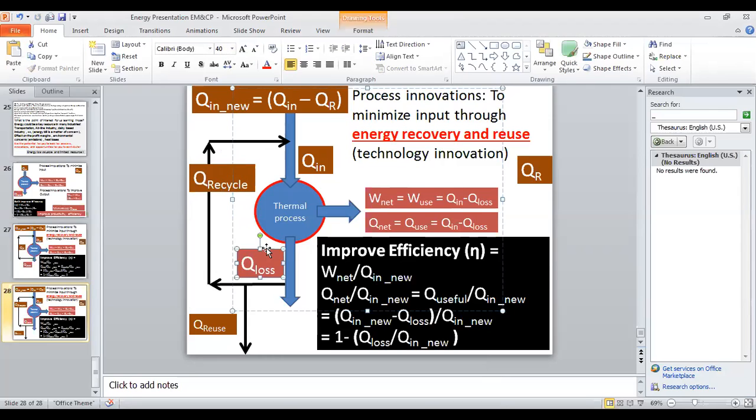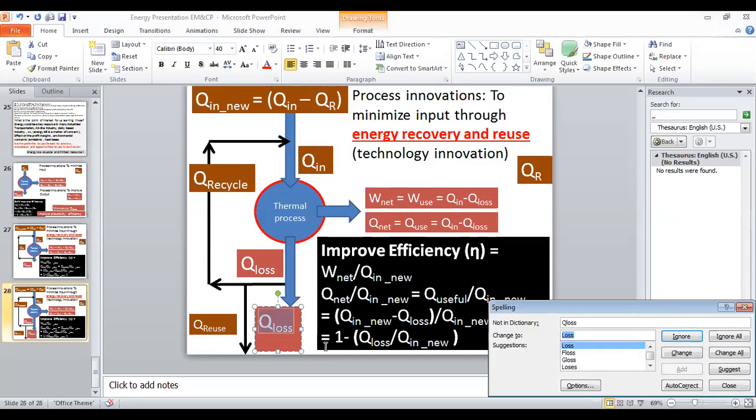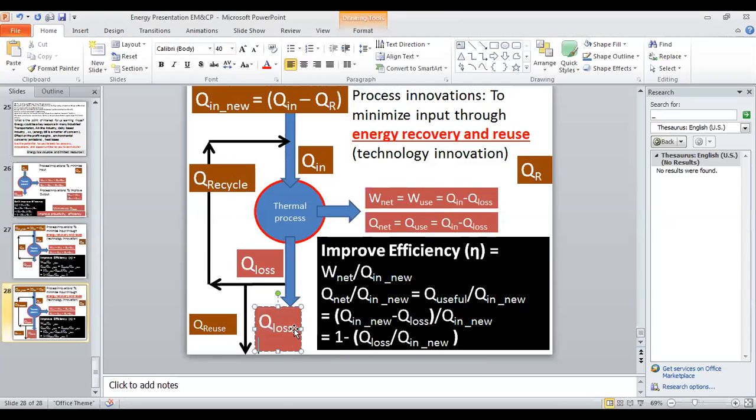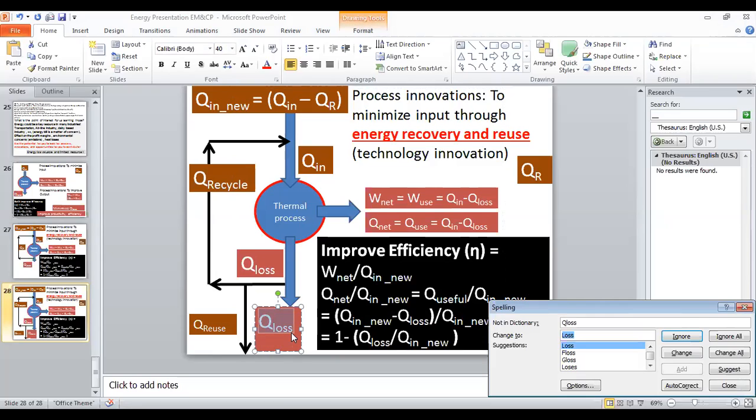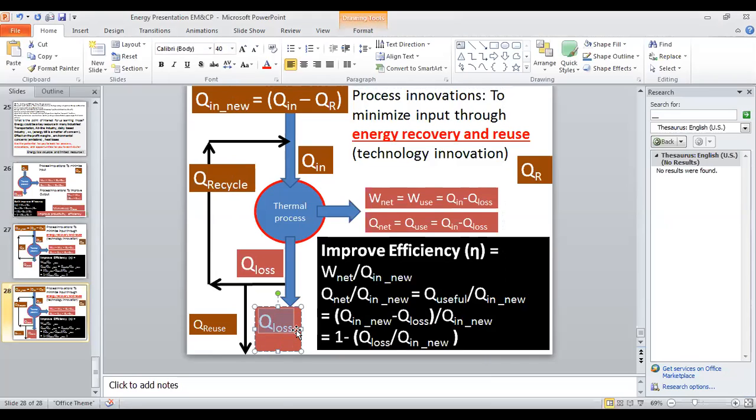So what happens is now your Q loss new. Same like Q in new, you have Q loss new.